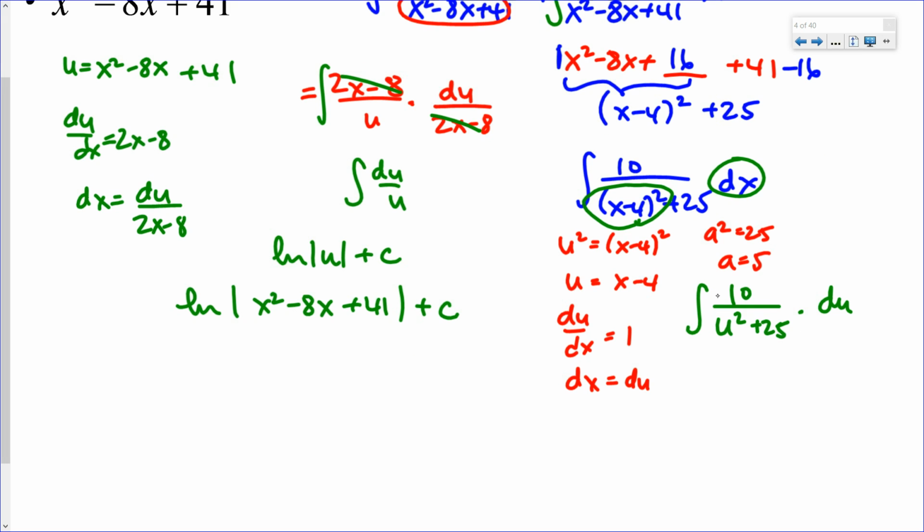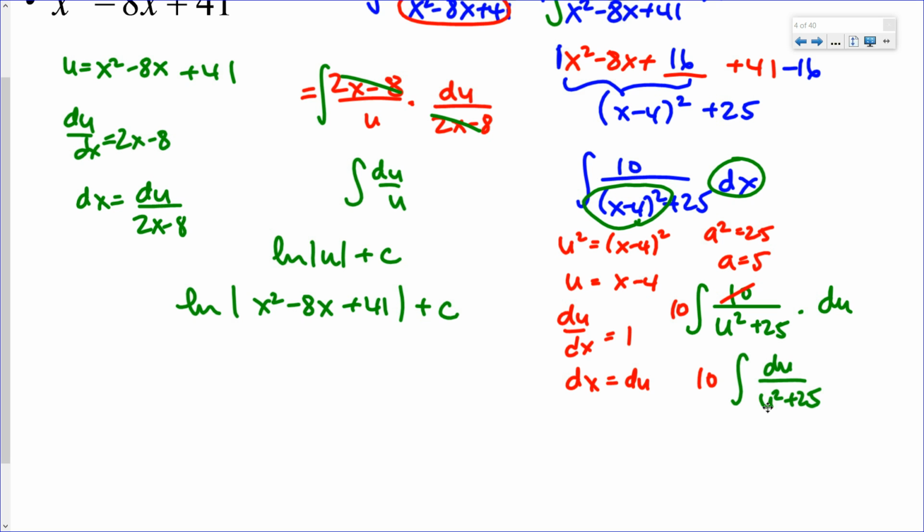And then I have to look at it and say, is this something that is an easy reverse power rule problem or on my pink sheet? It is on my pink sheet, except for this 10 up here, okay? So what I do is I rewrite it with the 10 scalar taken out, okay? And this should be something on my pink sheet.